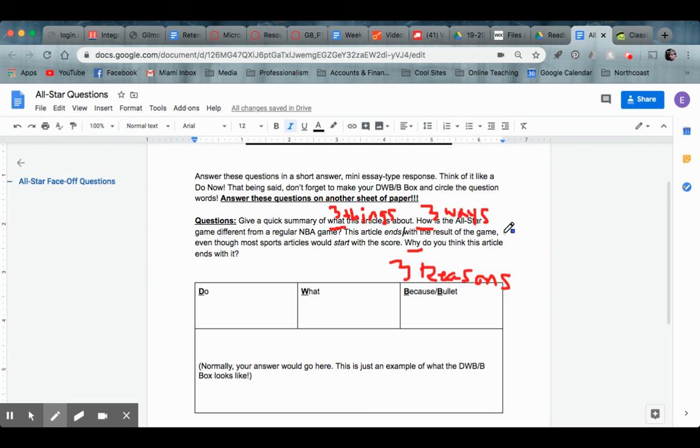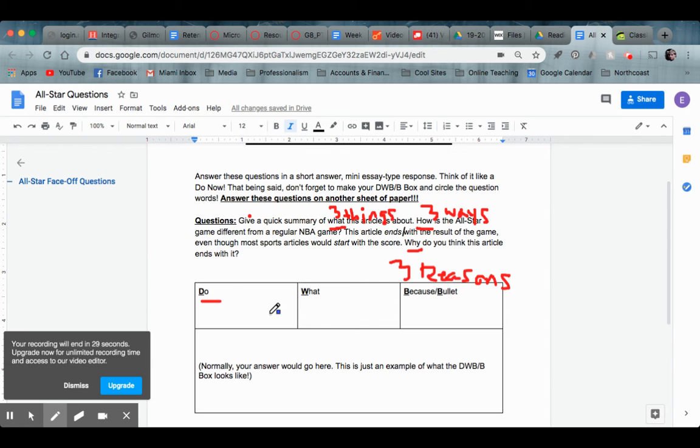Three reasons, okay? So already in these two videos, I've shown you guys those two strategies. Strategy number one is looking for the words that are asking us to do something, like give, so that would go in the do box. And then we talked about how to put evidence in here, evidence being any clues or information that we found in our story that can help us prove our point.